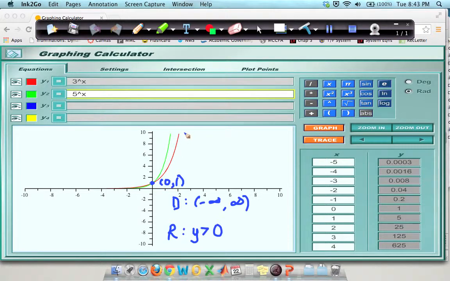So this 3 to the x is increasing 3-fold, right? And then the 5 to the x is increasing 5-fold, so it's just increasing at a steeper rate. That's really the only difference of the basic exponentials, if we're not doing anything else to them: how fast is it increasing or decreasing. So this is a little closer to the y-axis, and that's really the only difference in those two graphs.